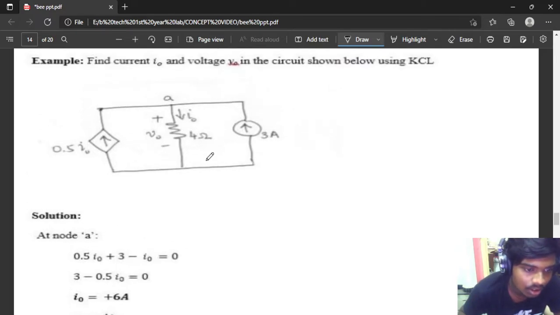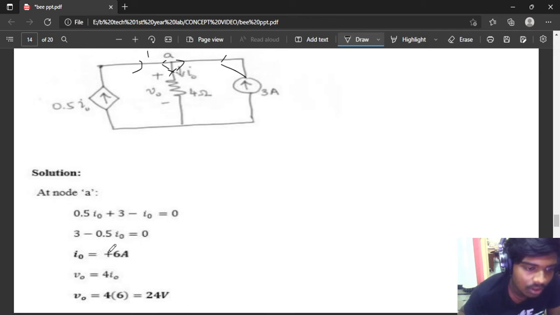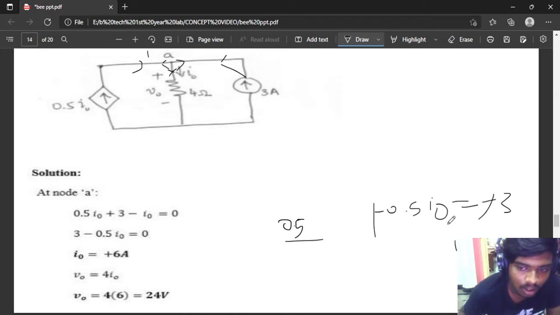And these are the current sources at node A: 0.5 I1 plus 3, this is in opposite direction, minus I0 equals 0. So minus 0.5 I0 equal to minus 3, and I0 equal to 3 by 0.5.